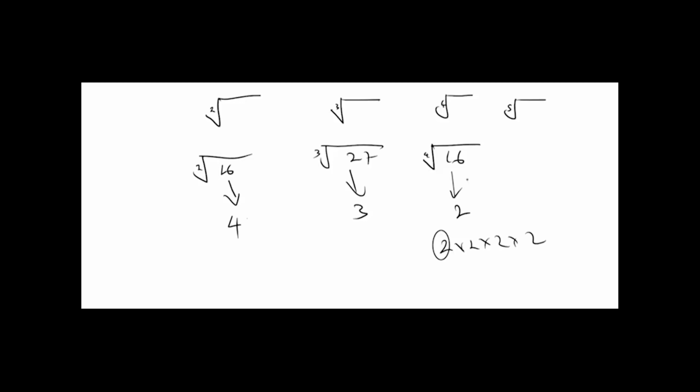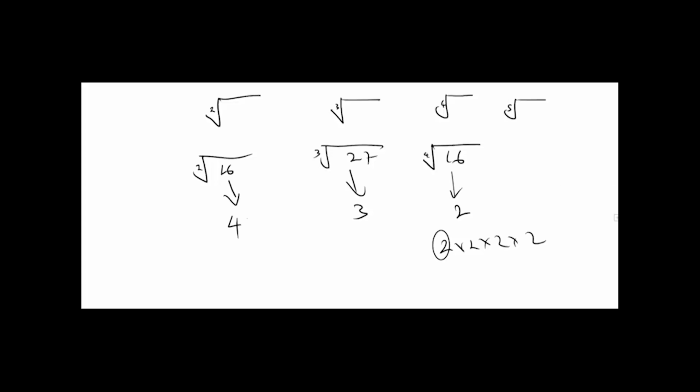So from this, you can draw a conclusion that if you want to find the root of any given number, you have to arrange or group the number according to the root.